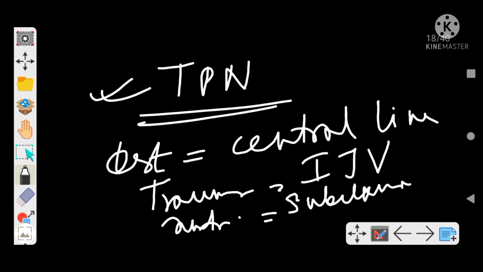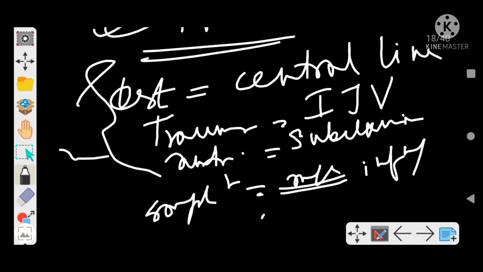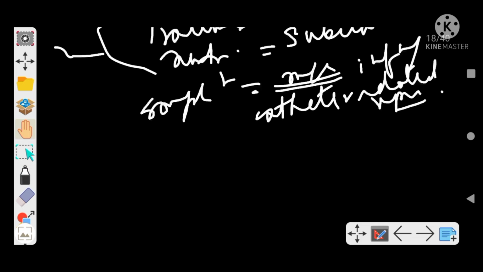This has all been asked, and it is very important. Talking about the complication, the most common is infection or catheter related sepsis, right? Each and every word is important.